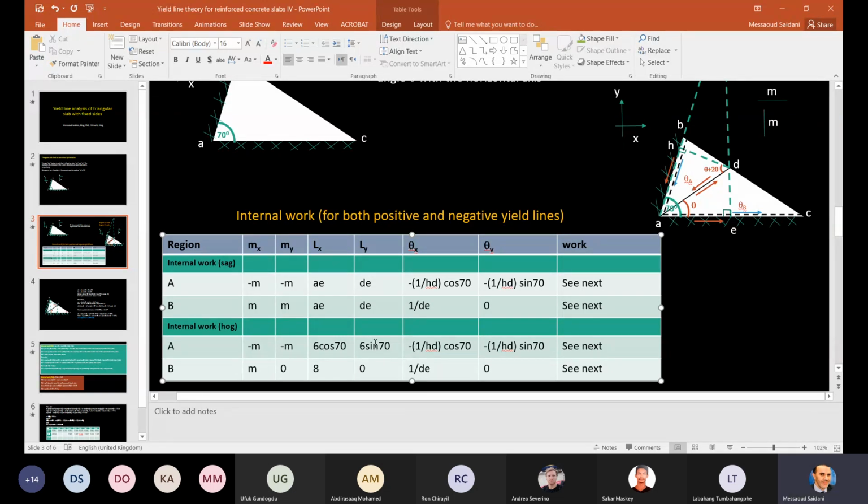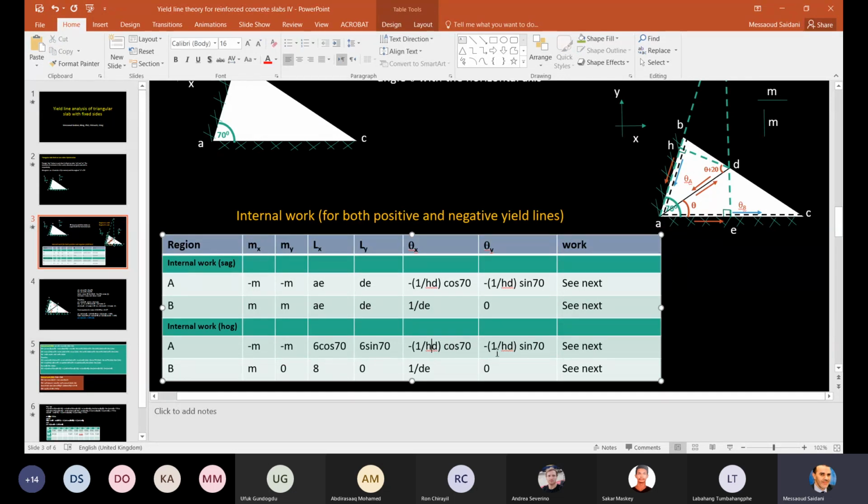And on the y-axis, it's 6 sine 70. The rotation is the same because it's the same vector here. We have the same because the axis of rotation of this part is about this axis anyway. So that's exactly the same.